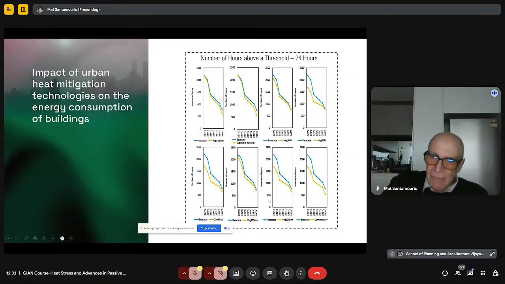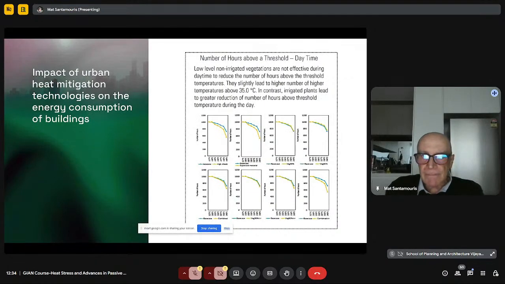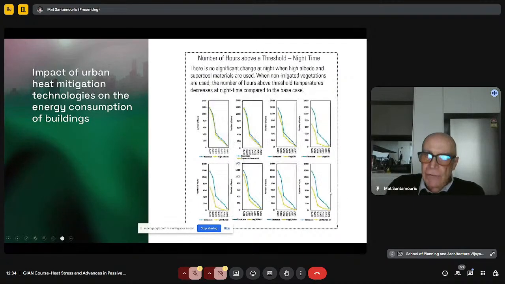And you can see, for example, that the combination of irrigated greenery with supercool materials has a tremendous impact on the overheating of the city, substantially decreasing the overheating hours. The same happens during the day, as you can see here, and also during the nighttime. During the nighttime, we had a much higher reduction of the overheating hours, especially because of the use of greenery and irrigated greenery.